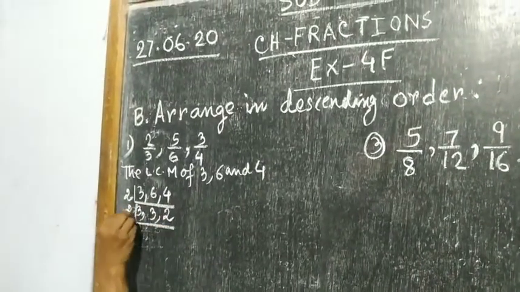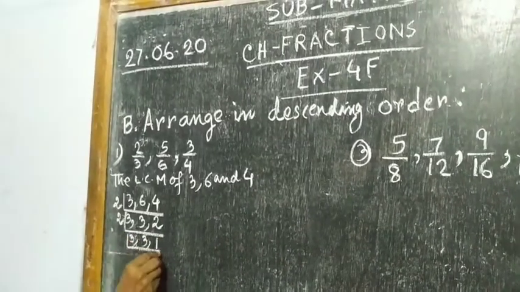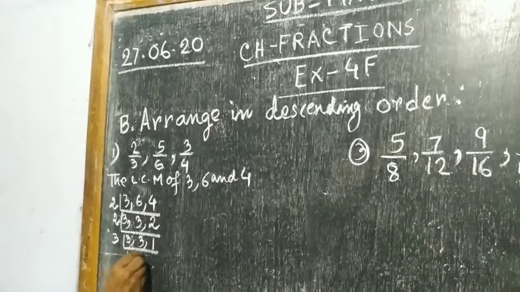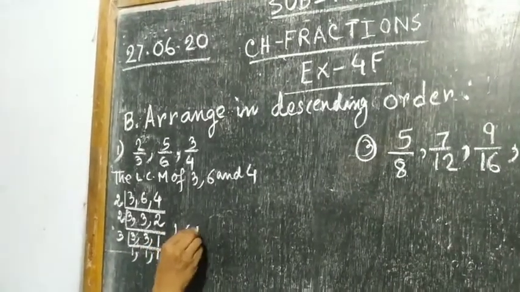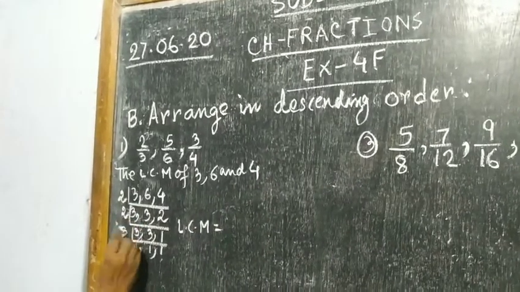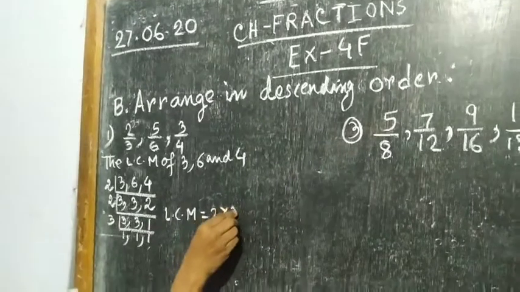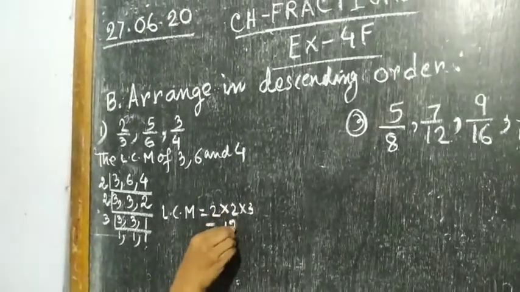Again by 2, 3, 3, 1. Again by 3, 1, 1, 1. So LCM is equal to 2 into 2 into 3, that is 12.